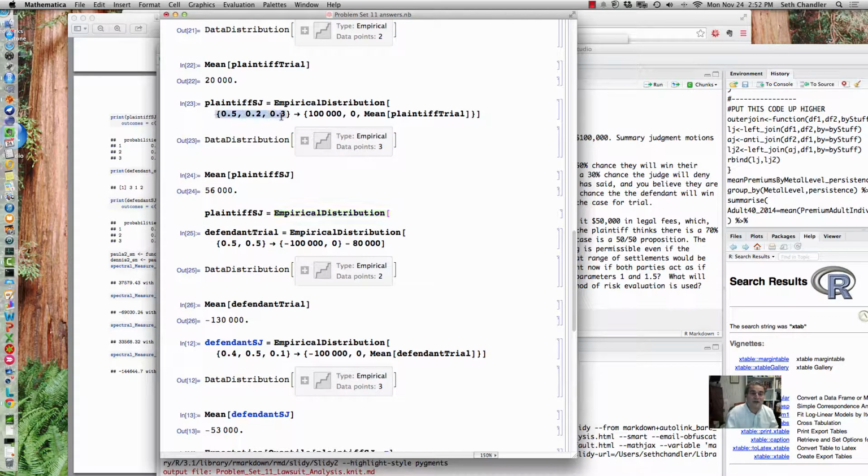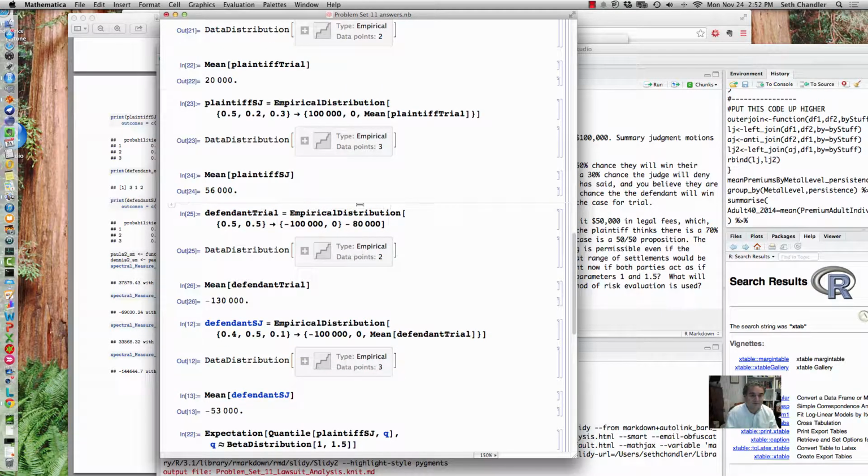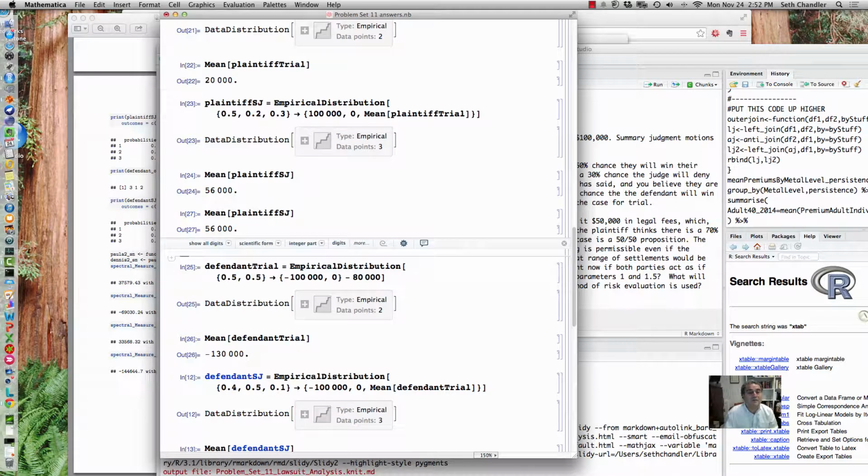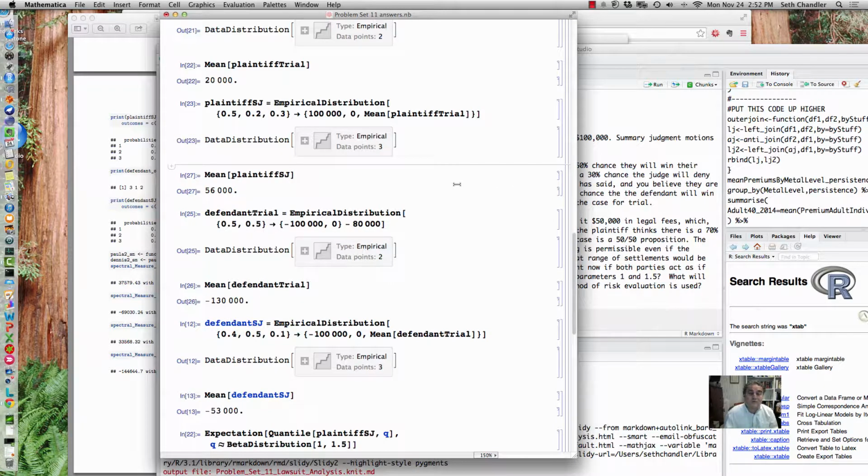And we'll just copy this part. Here we are. All I need to do is say what is the mean of plaintiff SJ. I did that already. Okay. So, pretend like the last 45 seconds never happened.